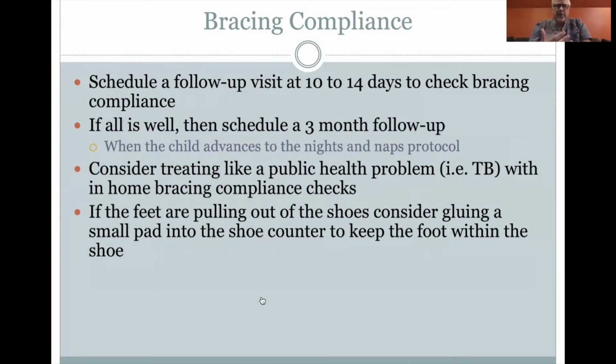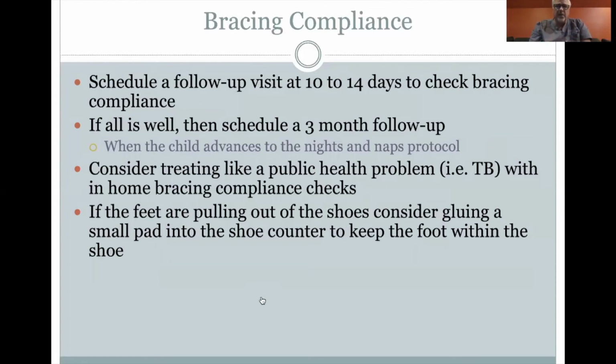You want to check to make sure that the brace width is appropriate, that you do not need to widen the brace, checking against the shoulder width like we talked about, and monitoring the foot for overcorrection. One of the things that can happen is sometimes the feet can pull out of the shoe. If the heels are starting to ride up, a lot of the shoes have little holes in the back of the heel area so that you can make sure that the heel's all the way down.